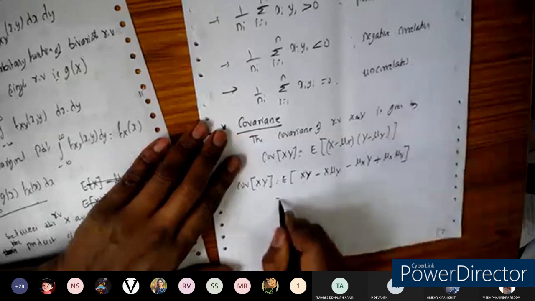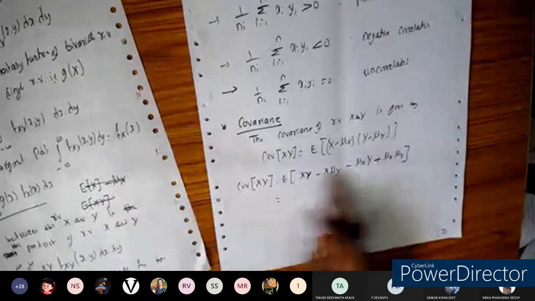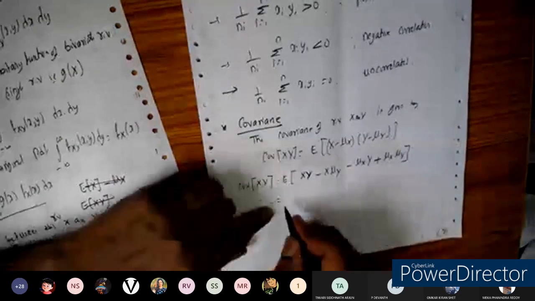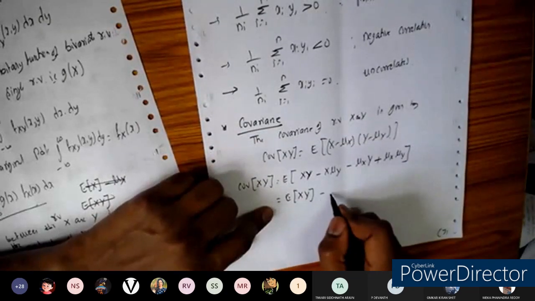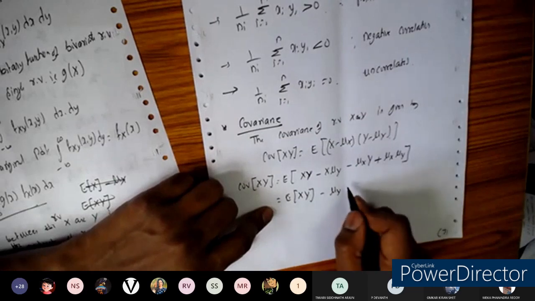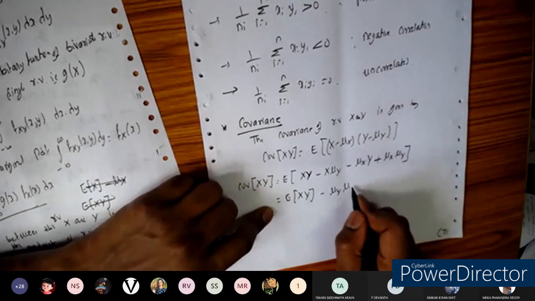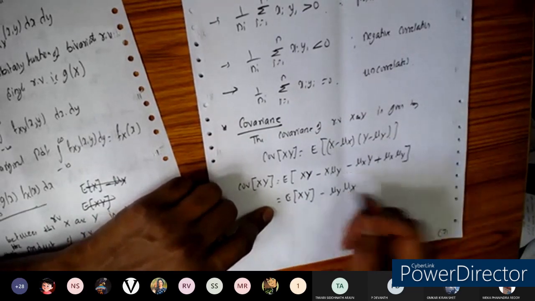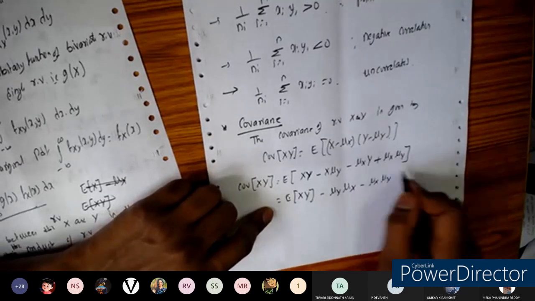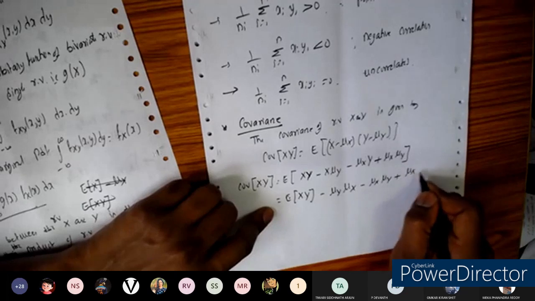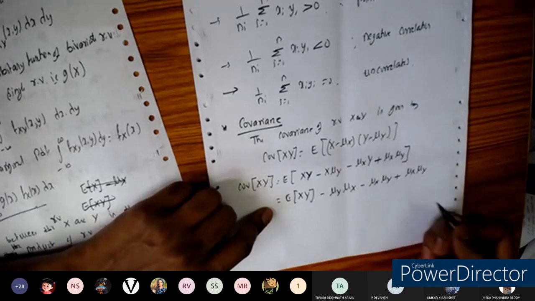Now we know that expectation is a linear operator, so it becomes expectation of xy minus nu y times the expectation of x, which is nu x. The expectation of a constant is the constant itself. I am writing this straight away because you know that. Plus nu x into nu y.